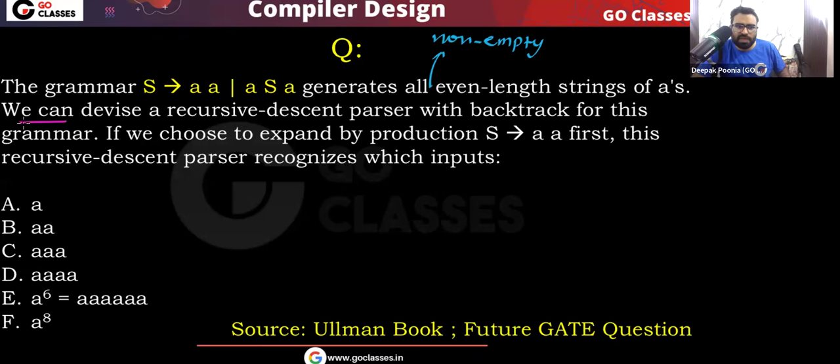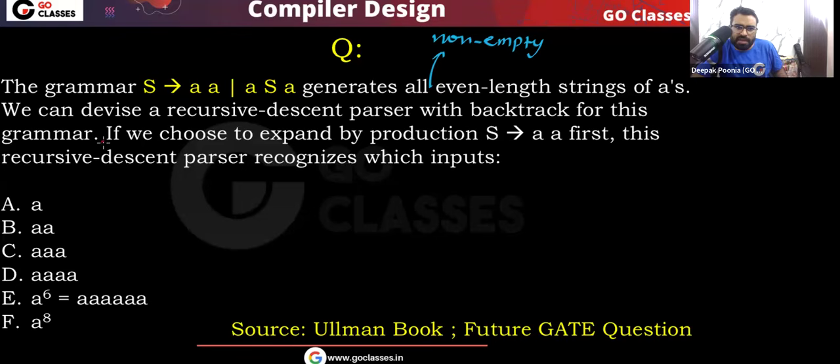You can see we can devise a recursive descent parser with backtrack for this grammar. If we choose to expand by production S going to AA first, read this statement. This is an interesting statement.